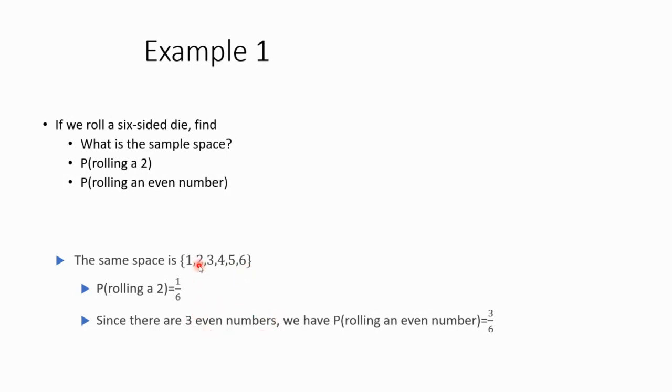Well, we can roll a 2, a 4, or a 6. There are 3 even numbers. So the probability of rolling an even number is 3 out of 6. I know it's tempting to write this as a half. I would personally just leave it as 3 over 6. It's not wrong to write this as 1 over 2, but it's really better to not reduce it.